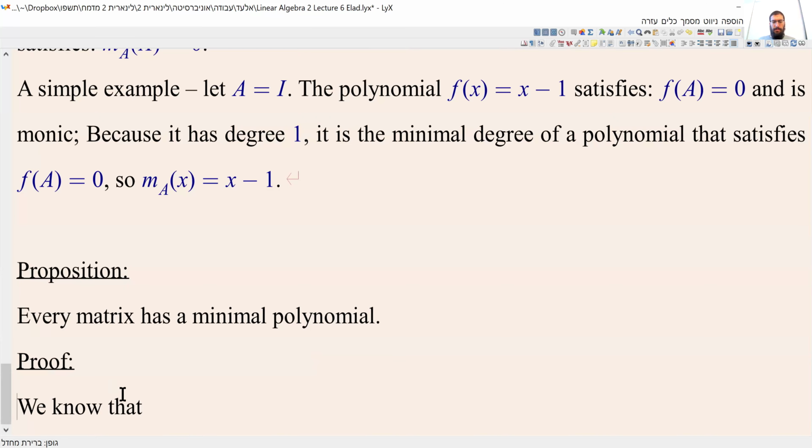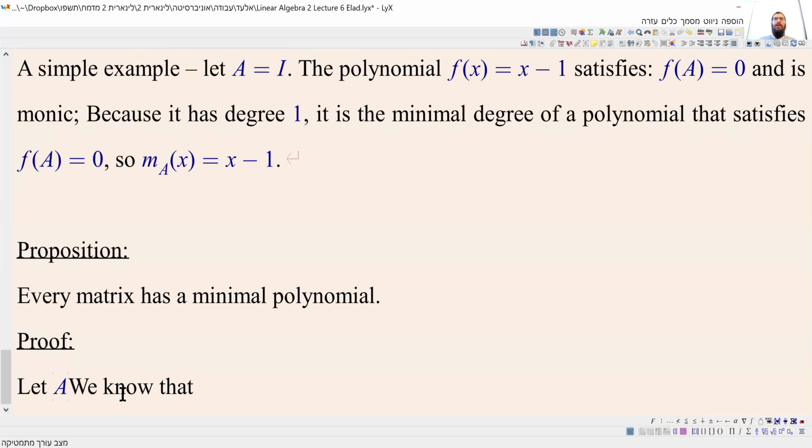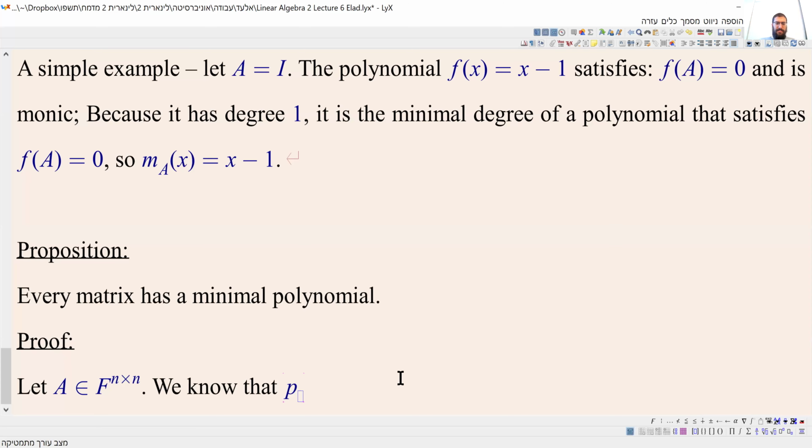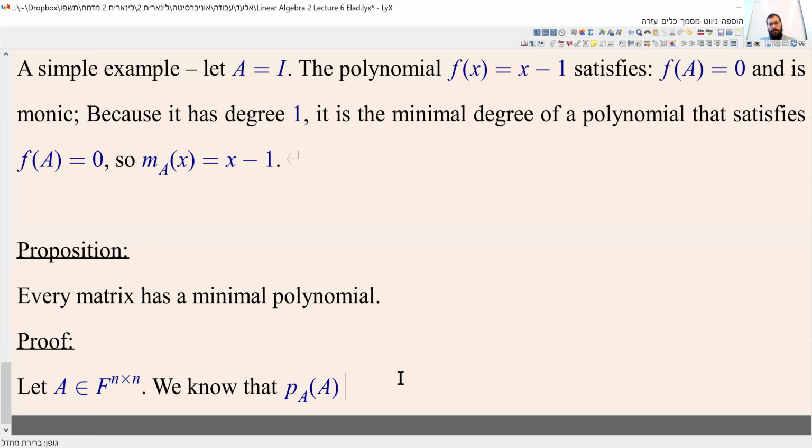Proof, or an explanation. Let A be a matrix. We know that by Cayley-Hamilton, there is a polynomial that's zeroing A, or A is zeroing the polynomial, it's the same.